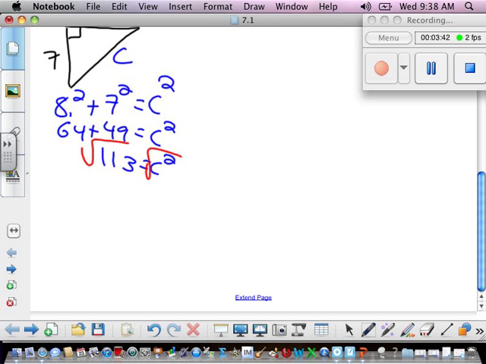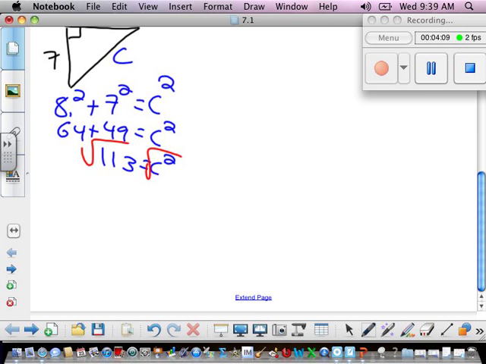No. Okay, what's the next biggest? 81, right? Doesn't go in there. Okay, let's try 64. Doesn't go in there. 49. Doesn't go in there. Let's try 36. Nope. Let's try 25. Nope.